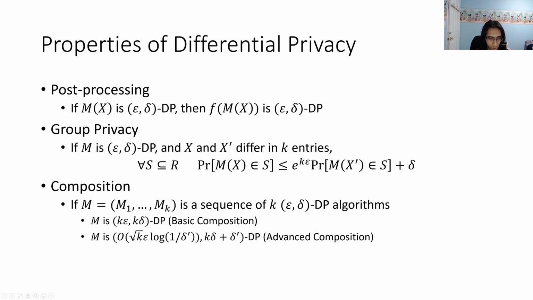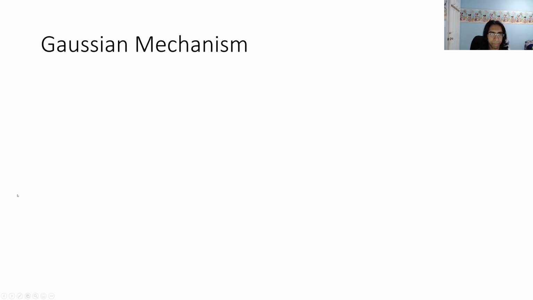So you pay quadratically less in terms of your privacy loss, as it's called, in advanced composition. Cool. So those are the three main properties that differential privacy has. Keep in mind composition because it's going to be useful later, and essentially just this square root k thing here.